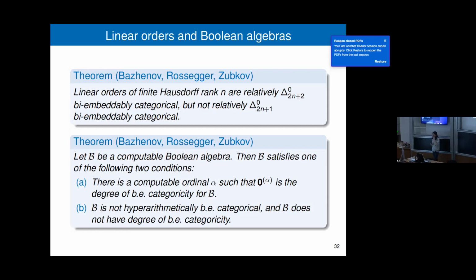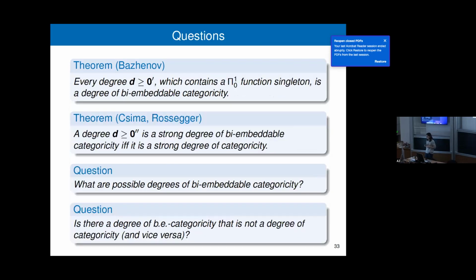So this is what we know about BE categoricity. The questions here are: what are all the possible degrees of BE categoricity? Can we have something more interesting than what we got? And may we have degrees of BE categoricity that are not degrees of categoricity for isomorphism and vice versa?